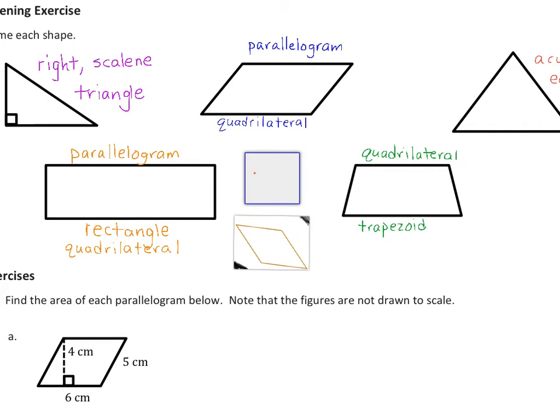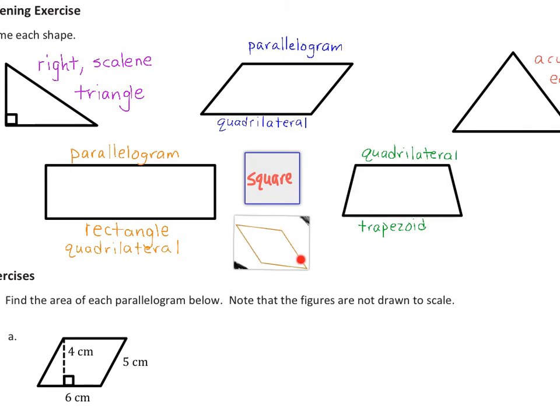And a square is all of those things, but it also has all four sides equal. They are the same. Okay, but that also gives it another name, which is the name of this shape.